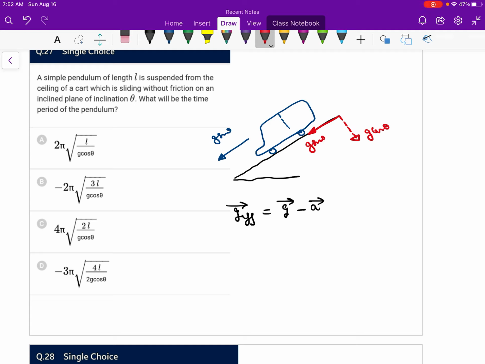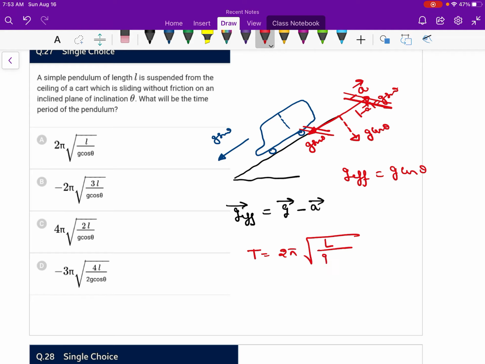This is g vector minus a vector, so this is minus a vector. Now the magnitude of minus a vector is g sin theta. So these two vectors cancel and g effective becomes g cos theta. Okay, so the time period will be 2 pi under root L by g effective, which is g cos theta.